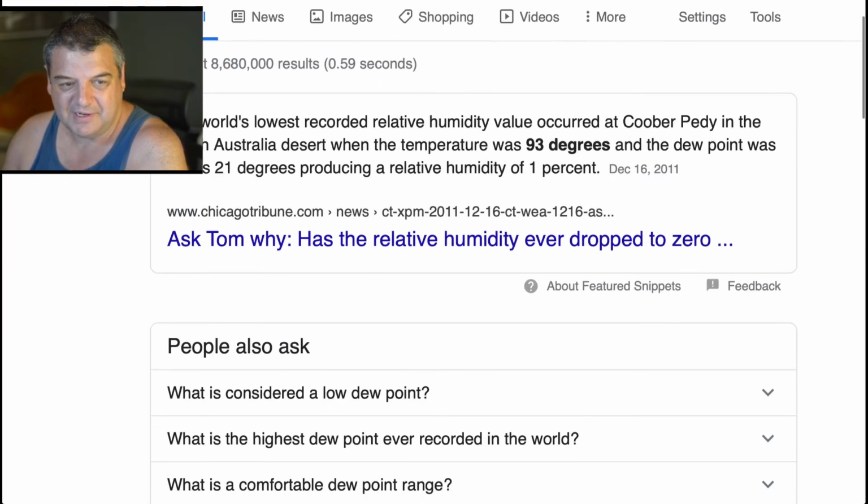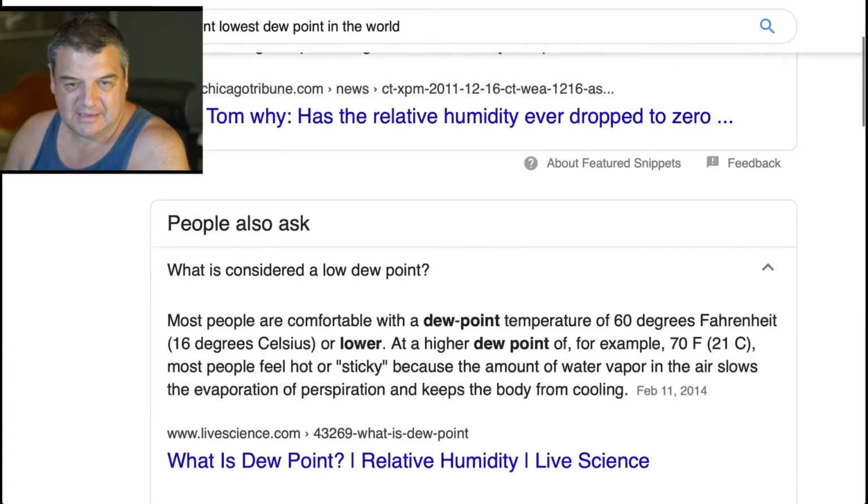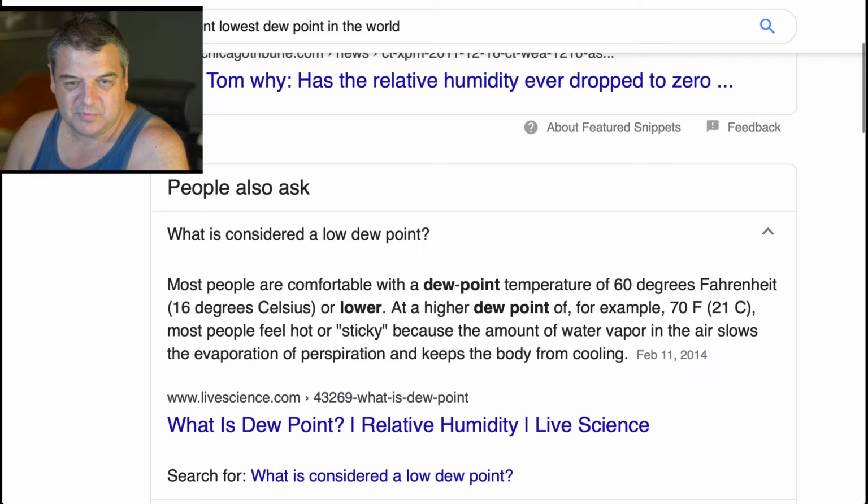It's all related. What is considered a low dew point? So there we go. Most people are comfortable with a dew point temperature of 60 degrees Fahrenheit or 16 degrees Celsius or lower. With a higher dew point, for example 70 or 21 degrees Celsius, most people feel hot or sticky because the amount of water vapor in the air slows the evaporation of perspiration and keeps the body from cooling.